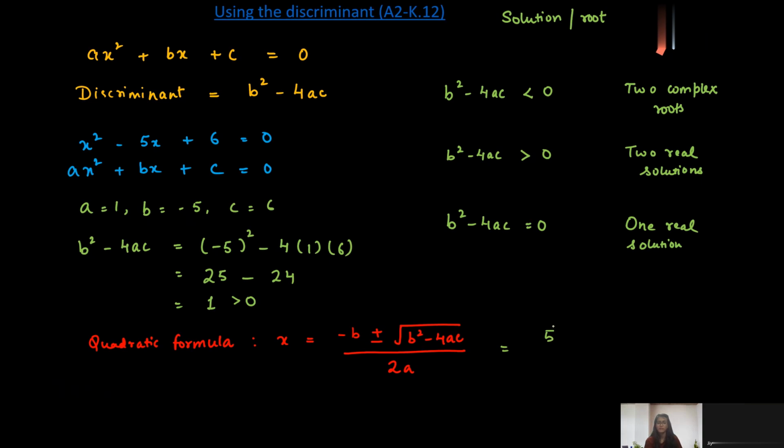Negative of -5 will be +5 plus and minus square root of 1. In place of b square minus 4ac, I'm just writing 1. Divided by 2 times a. 2 times a, a is 1. Okay, so now we'll get two solutions.